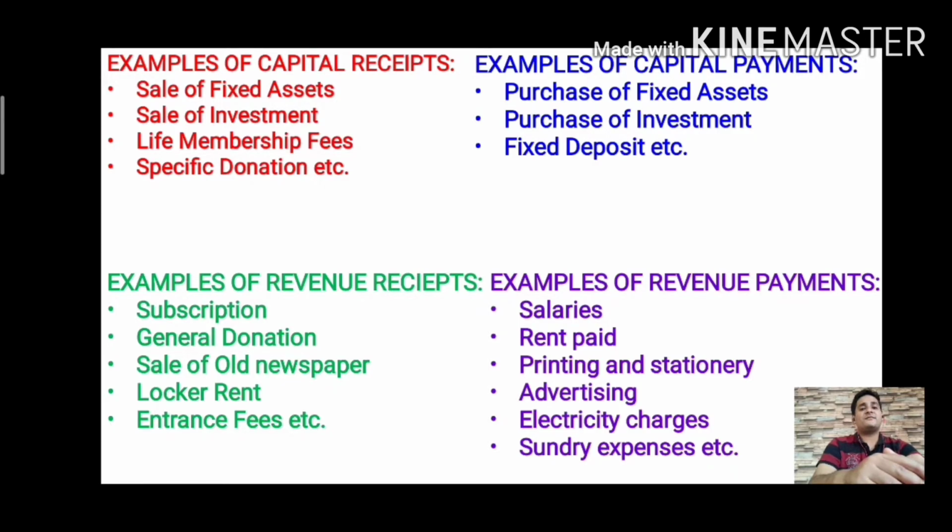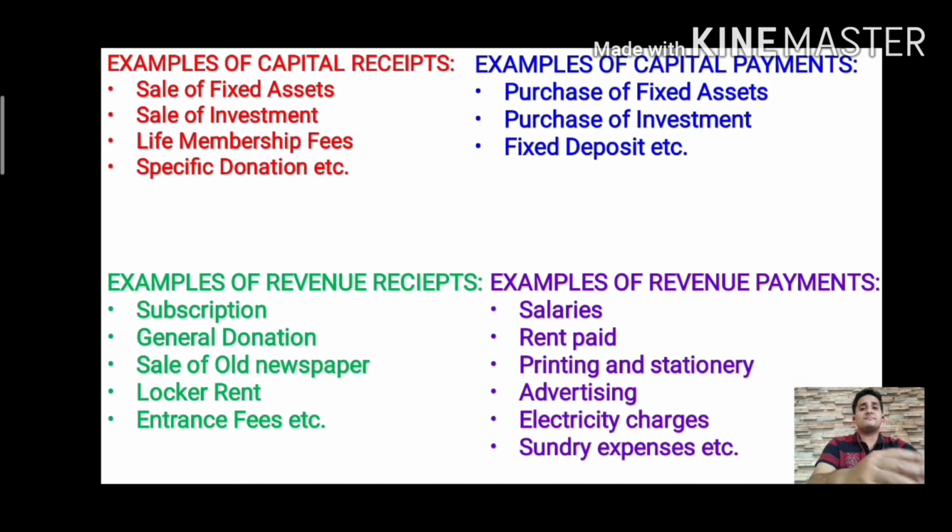Next come examples of revenue receipts. First example is subscription. Subscription means, if you are a member of some clubs or charitable or religious institutions, then you have to pay some fees, monthly or yearly. That fee is called subscription. For example, you are a member of a club, and in the club there are various facilities, for example gyms or a sports club.